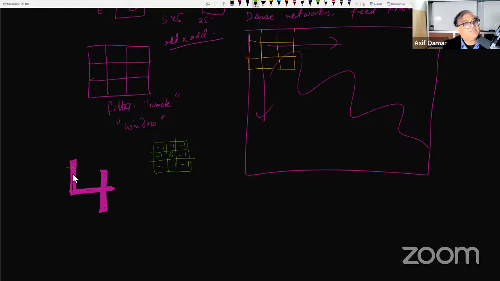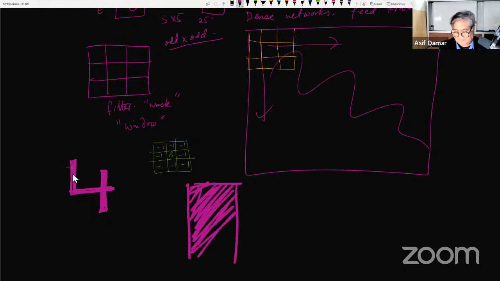So let me fatten this thing up. This 4, the pillar of the 4, I'll just fatten it up.